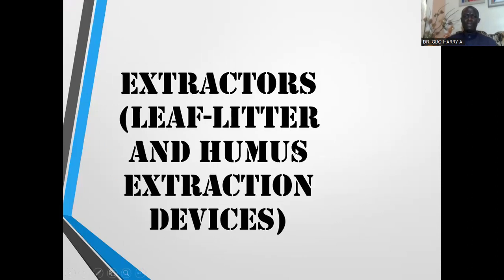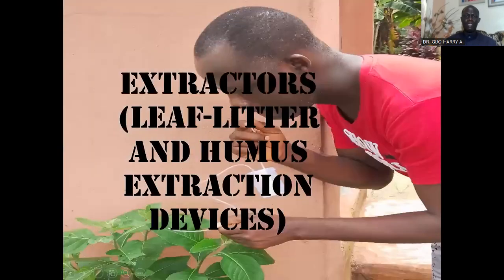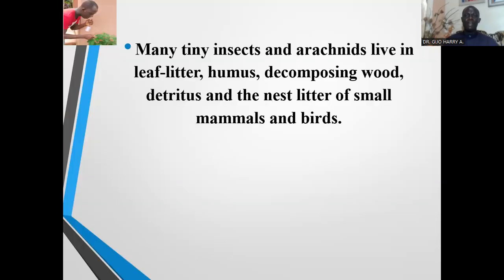The next method we want to look at is the use of extractors for the collection of insects and arachnids. The extractors are also called leaf litter and humus extraction devices. Many insects and arachnids live in leaf litter, humus, decomposing wood, detritus, and the nest litter of small mammals and birds.